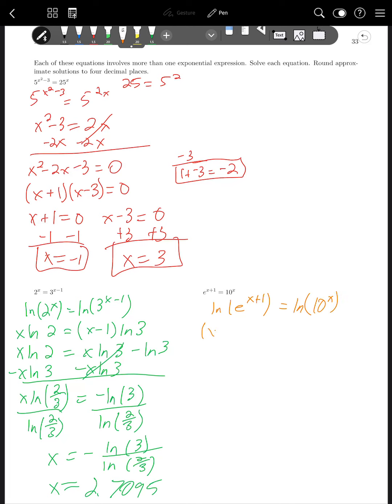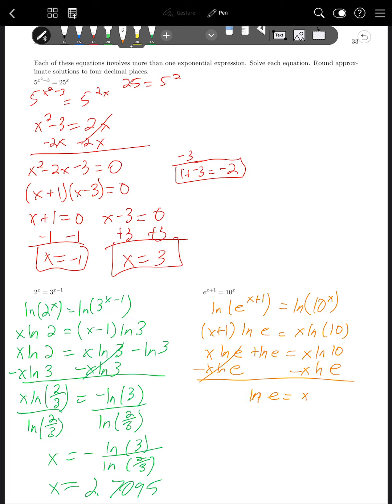Bring the exponents out in front. Okay, distribute. Subtract the term with the x so that all the x's are on the same side. Combine by using the difference rule. And then divide to get x by itself.